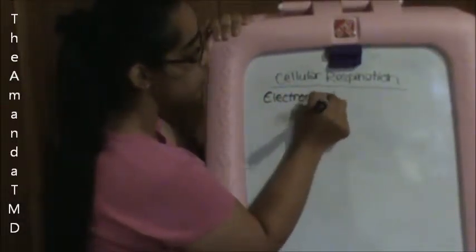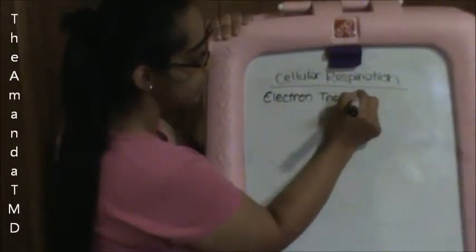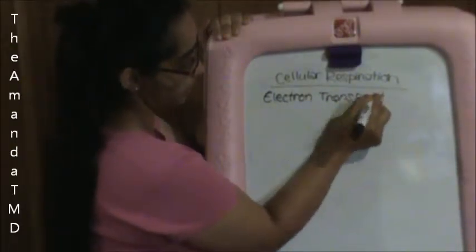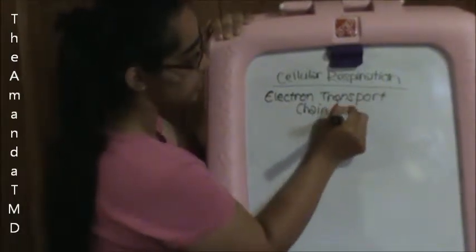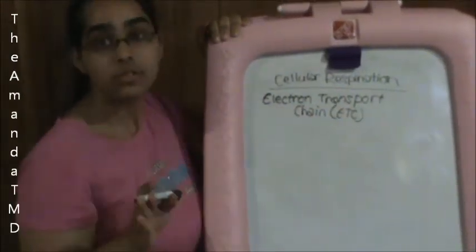Now, the electron transport chain gives you the bulk of your ATP. Okay? I'm going to call it ETC for short, just to be simple.